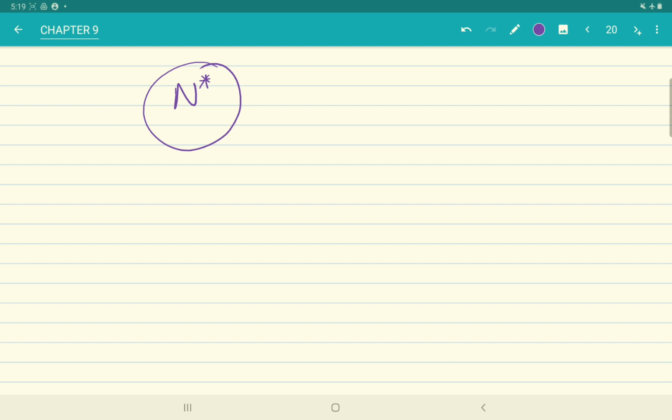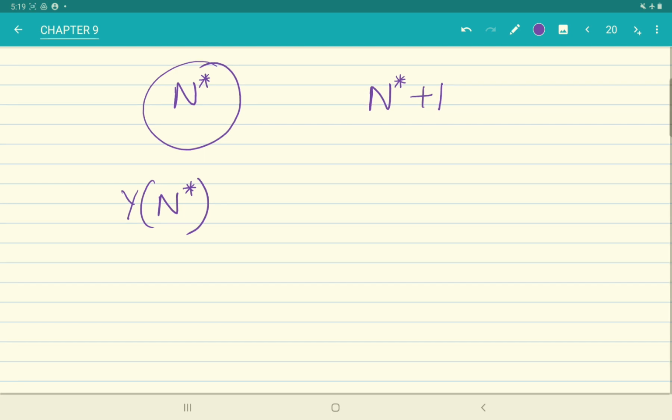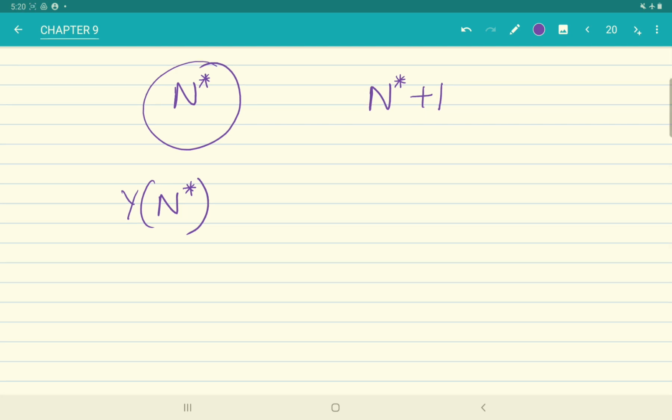For that we have to obviously think of the fact that if I put in more fertilizer, I will get more bushels of wheat. So if I increase n star by 1 unit, in this case I was getting these many bushels of wheat, but now I will get n star plus 1. This is the number of units of fertilizer that I now put in, and the outcome that I get is y of n star plus 1.